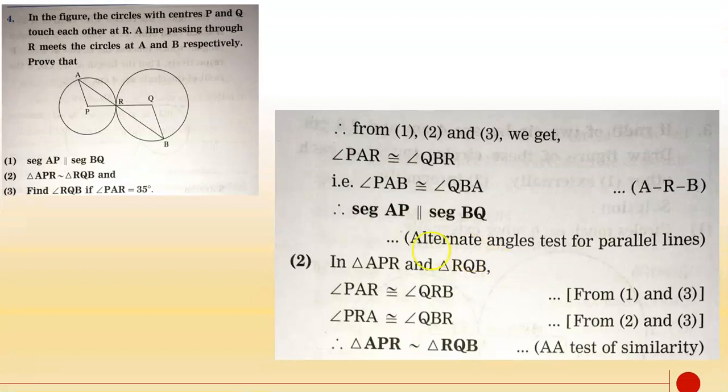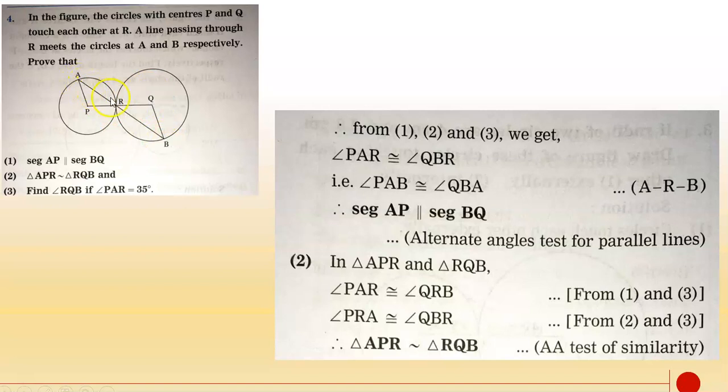So from 1, 2 and 3 I get that angle PAR is congruent to angle QBR. That is, angle PAB, taking the whole line now, extending to B, is equal to angle QBA.